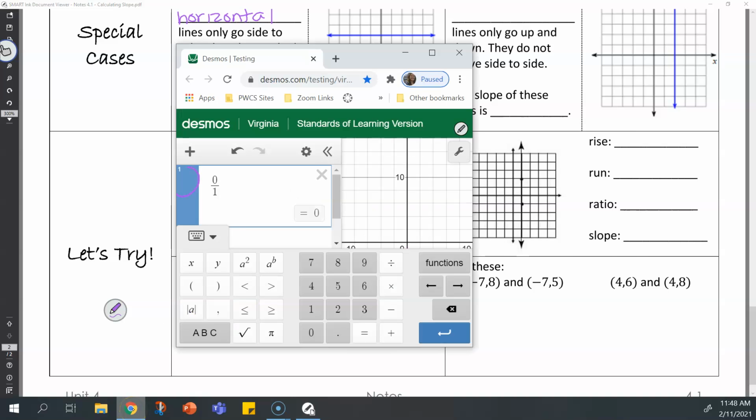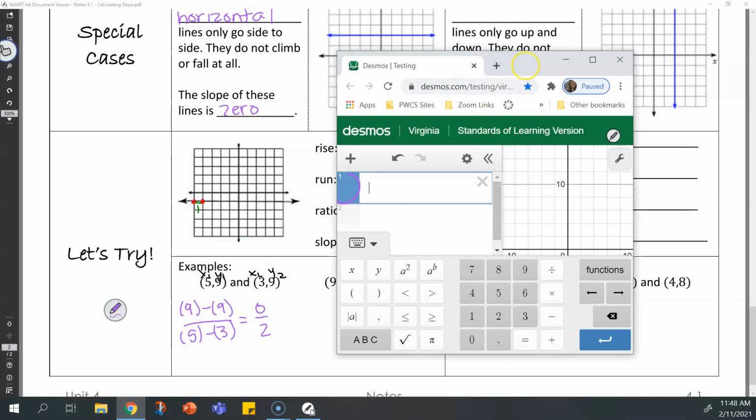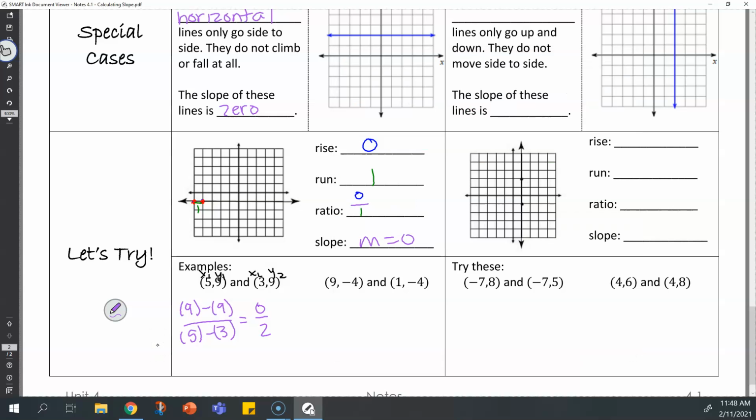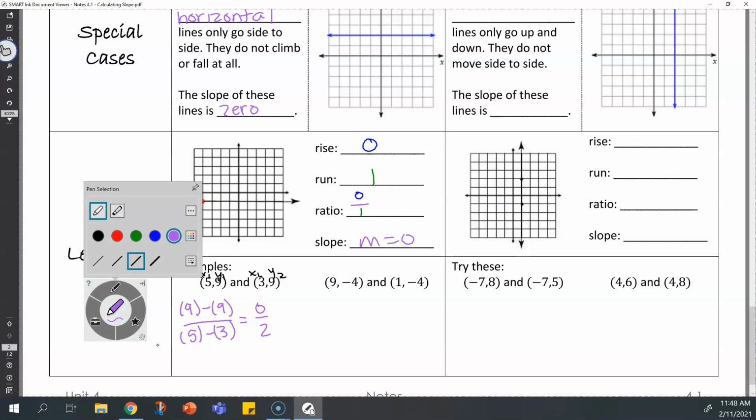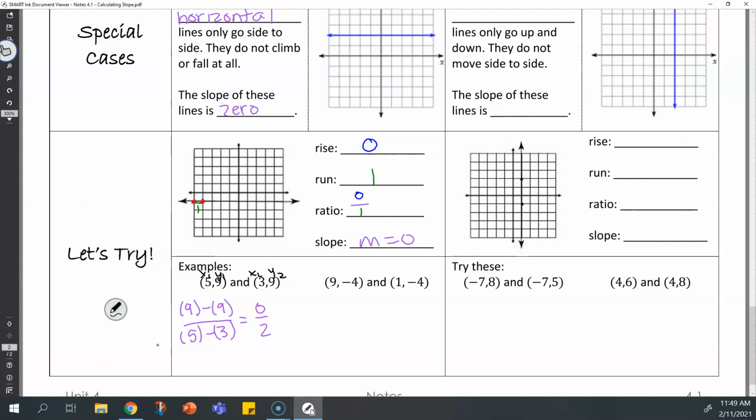But also if I just put this whole thing in Desmos, 9 minus 9 over 5 minus 3, I'm still going to get 0 as my slope. Okay. If you wanted to see another example, this one will do the same thing. Okay. So you'll get 0 as your value on a horizontal line.